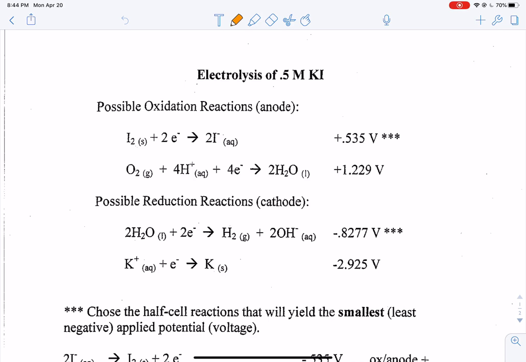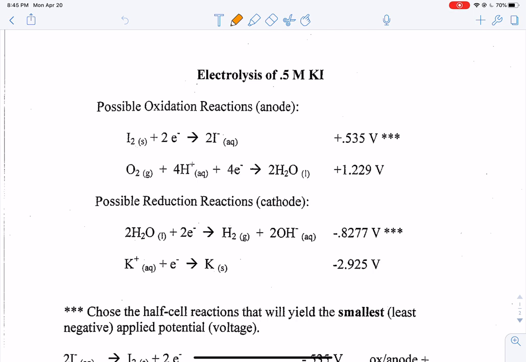These values come from the chart. Obviously, iodine ions would more likely come together to form iodine, and here you have water being produced in an acidic environment because of the hydrogen ions. So these two half reactions are spontaneous as written and are positive.